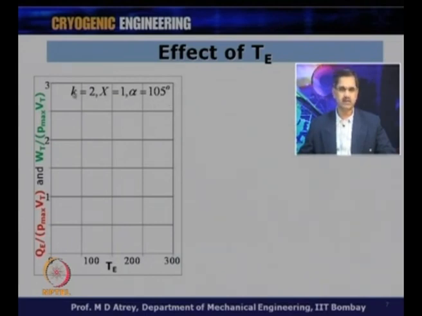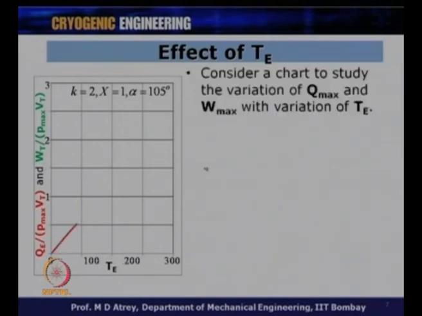So, these three parameters are kept constant and only TE is varied in order to study the effect of variation of TE on Qmax and Wmax. This is the variation you can see.